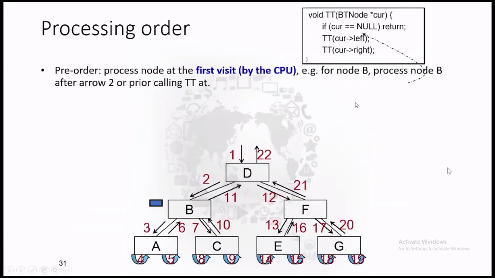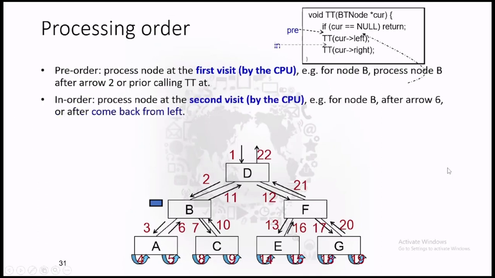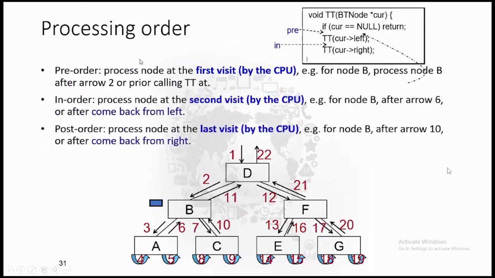The traversal has its own processing order. But when you're visiting the nodes of the tree, you can do it as pre-order, in-order, or post-order. Pre-order is where you process the node on the first visit. In-order is where you process the node on the second visit. Post-order is where you process the node on the last visit.